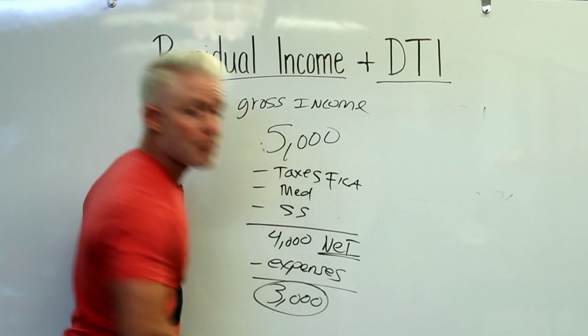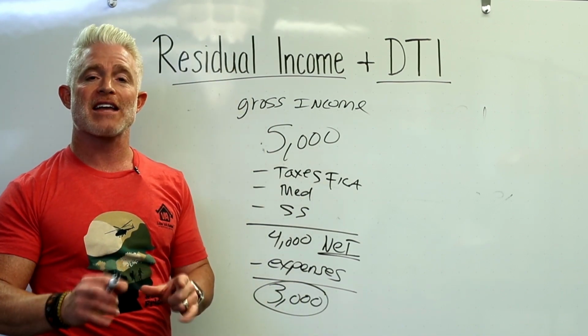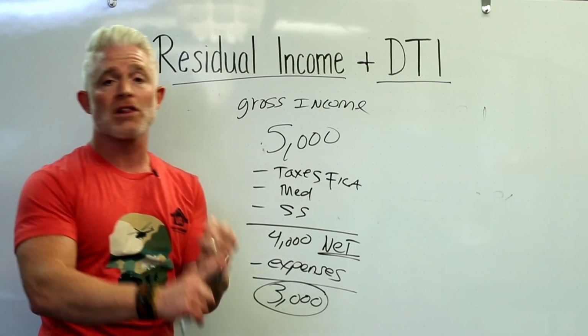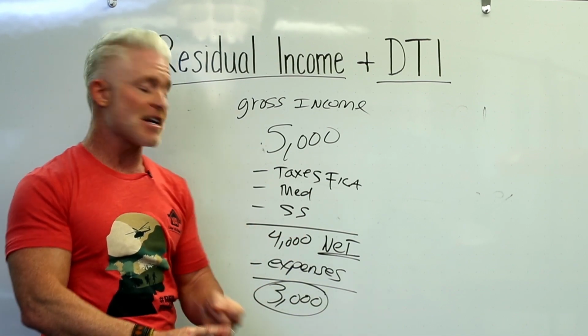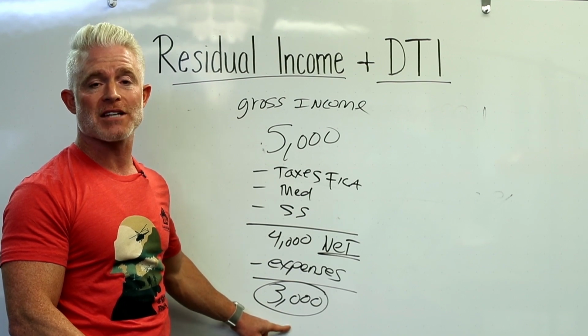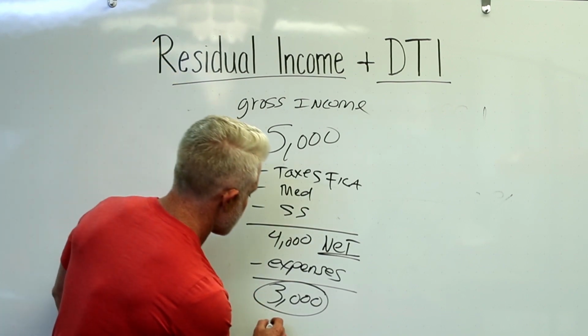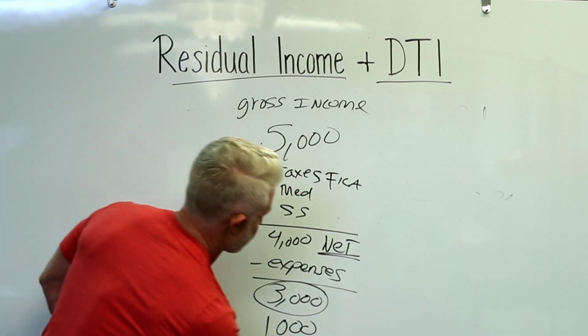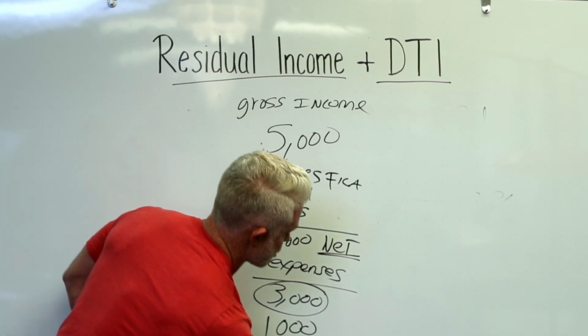The higher this number, the better. And the VA has a table, which we've talked about in other videos, where based on where you live in the country and your family size determines how much residual income you must have. Let's say, for example, you have to have $1,000 in residual income. That's the chart. You have $2,000 over.